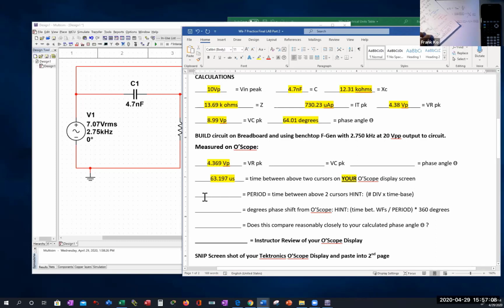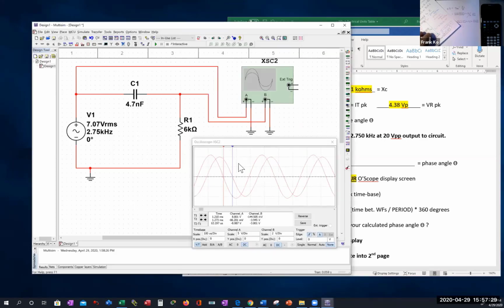Now the period has to do with the time for one complete cycle. Okay, period, the time of one cycle. That's how we defined period the last time we looked at this. And the period for the entire waveform, I will select this guy and move it over to here.